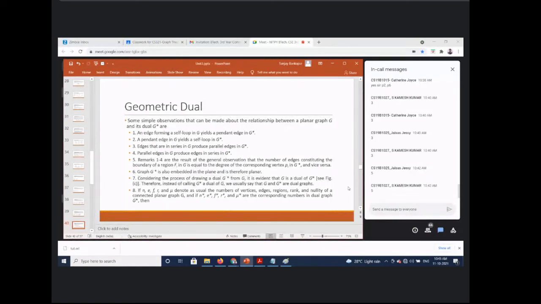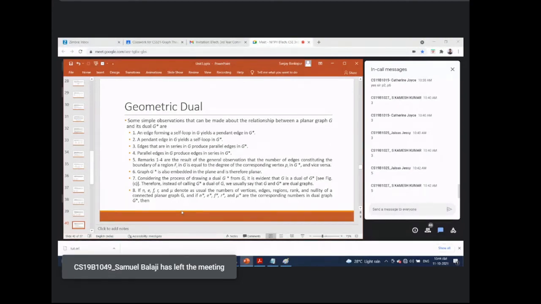Now the important thing which we partly noted. If N, E, F, R and mu denote, as usual, the number of vertices, edges, regions, rank and nullity. That's why I took F rather than R for region, because for a given graph R already stands for rank.